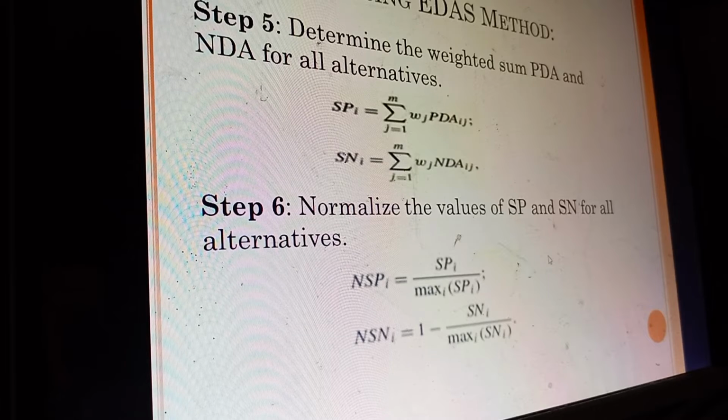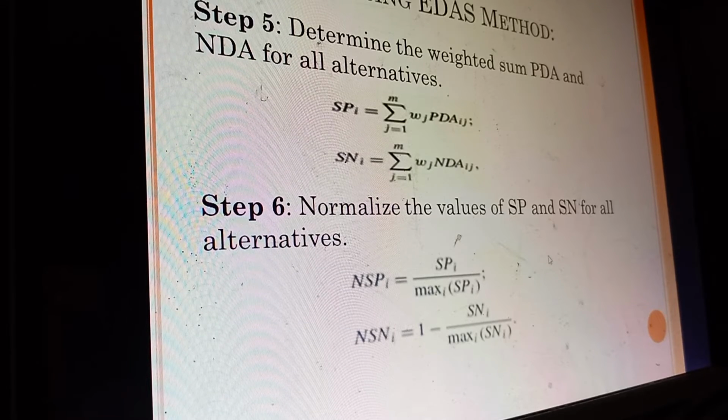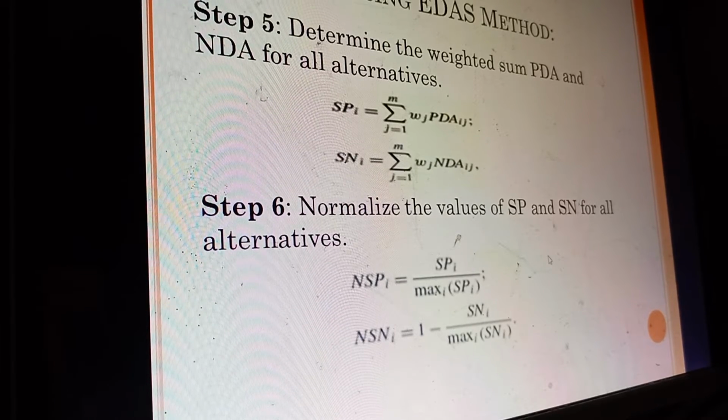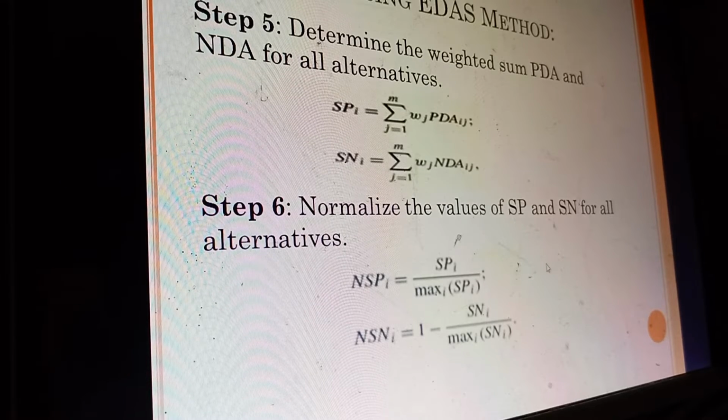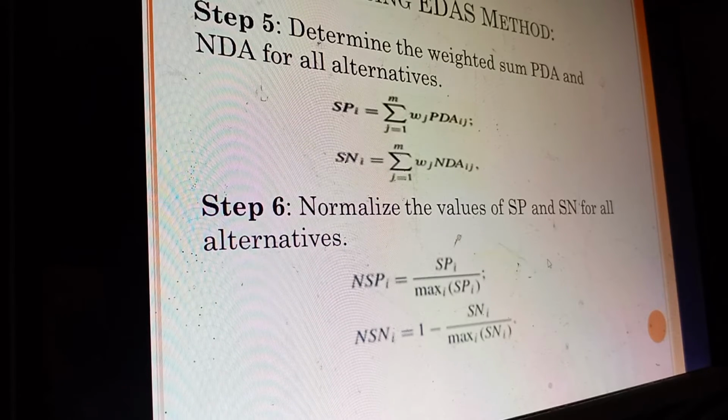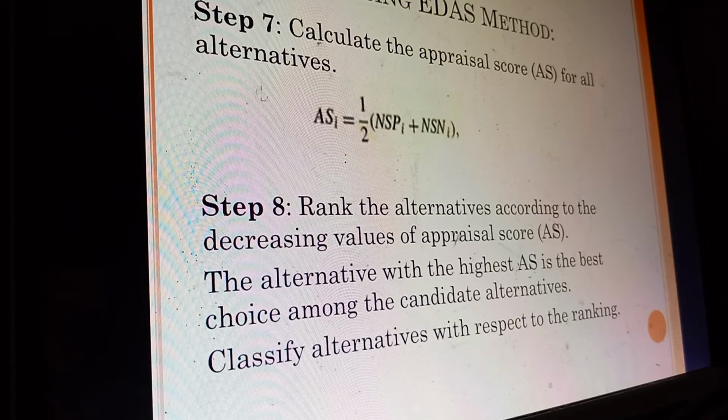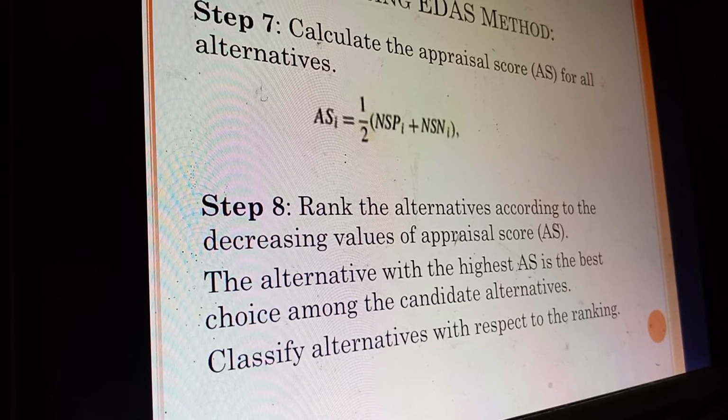These are the formulas for the normalized sum of the positive, NSP, and the normalized sum of the negative, NSN, distances. Step 7, calculate the appraisal score, or AS, for all alternatives. The formula would be the average of NSP and NSN.